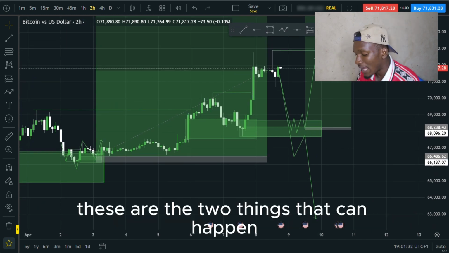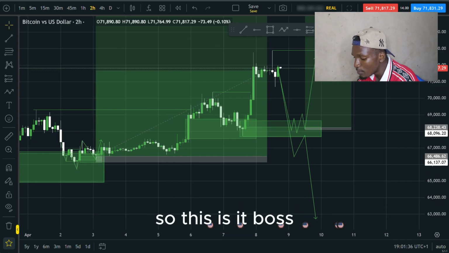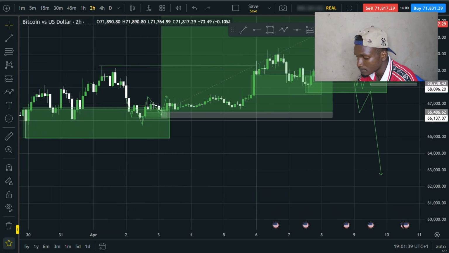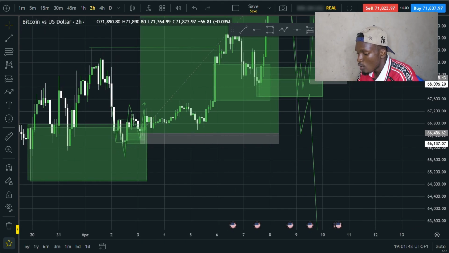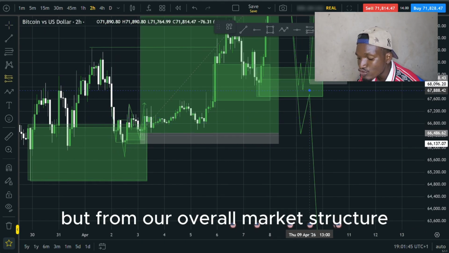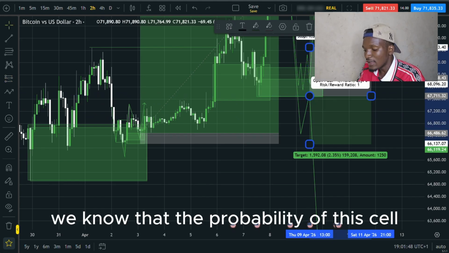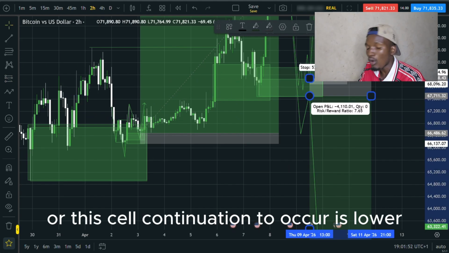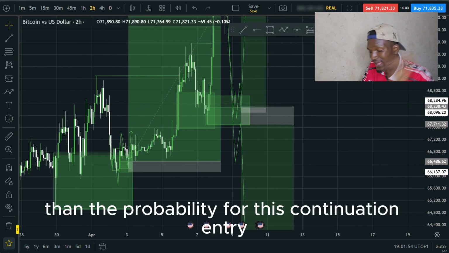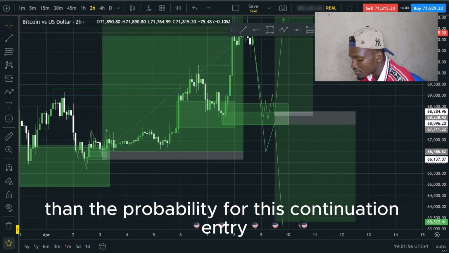These are the two things that can happen. Price respects the order block for a continuation entry, or it takes it out, retests the area and continues selling. But from our overall market structure, we know that the probability of this sell continuation to occur is lower than the probability for this continuation entry.